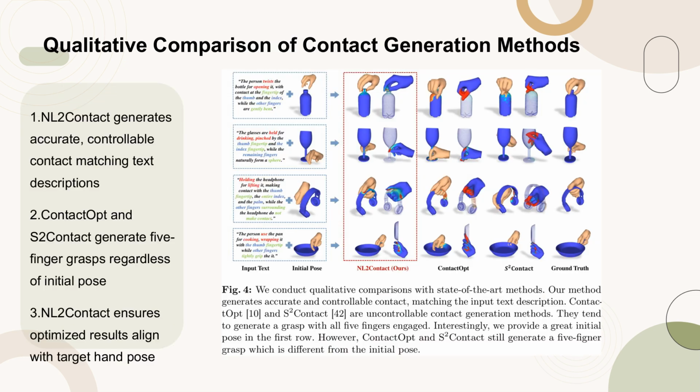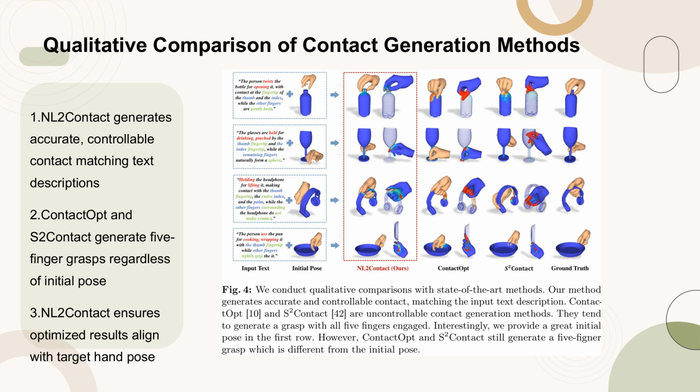Figure 4 presents a qualitative comparison of our NL2Contact method with state-of-the-art methods, ContactOpt and S2Contact. Our method stands out by generating accurate and controllable hand-object contact that precisely matches the input text description. In contrast, ContactOpt and S2Contact, despite being strong methods, tend to produce grasps where all 5 fingers are engaged, regardless of the initial hand pose provided.